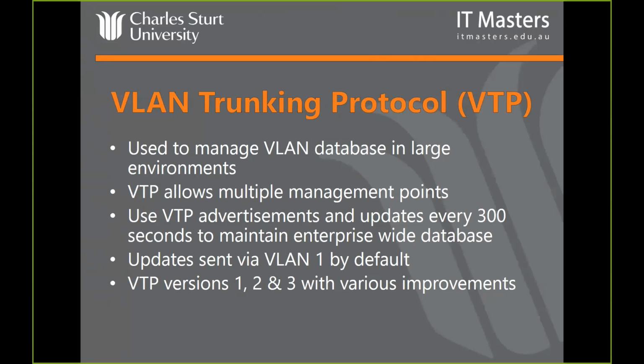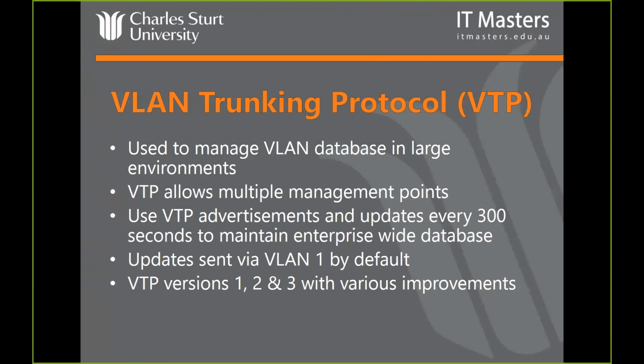A collection of switches in a domain shares VLAN information so that everyone has the same idea of the VLANs right across the network. You're not having to manage VLANs statically on every single switch, and you don't have different switches with different VLAN numbers. Everything's exactly the same.